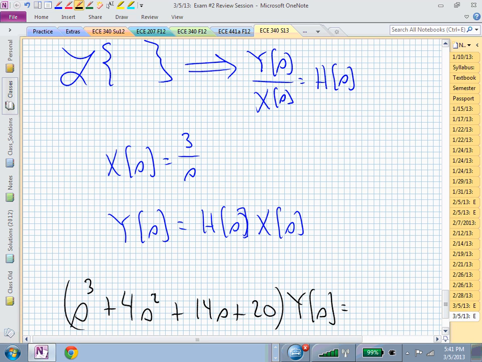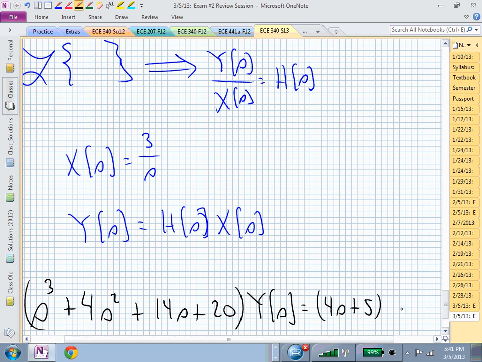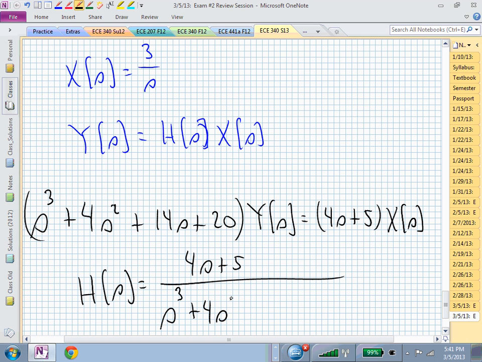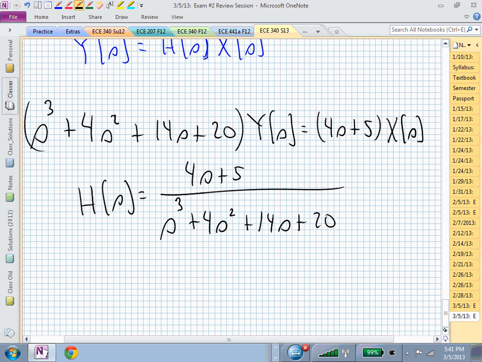And the right-hand side was 4s plus 5, all times X of s. So that now you have this capital H of s is equal to 4s plus 5 over s cubed plus 4s squared plus 14s plus 20.